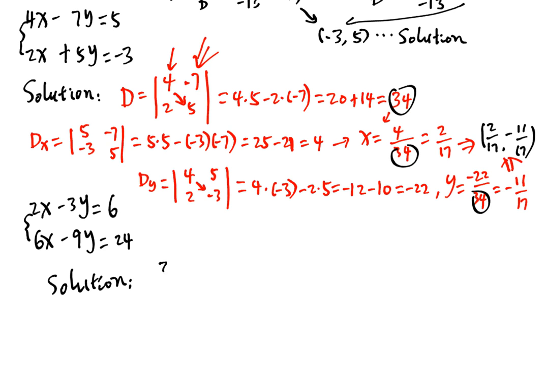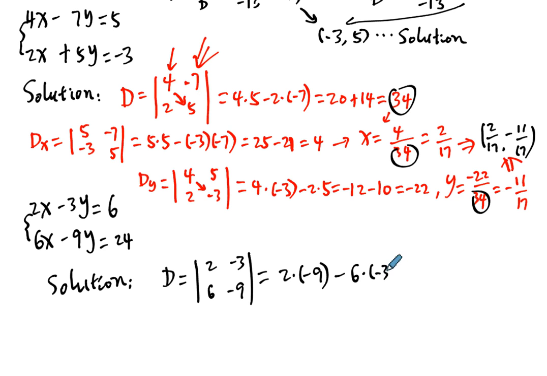So you will see, let me write d first. D equals 2, negative 3, 6, negative 9. And you can see 2 times negative 9, subtract 6 times negative 3, you shall have negative 18 plus 18, you have a 0.